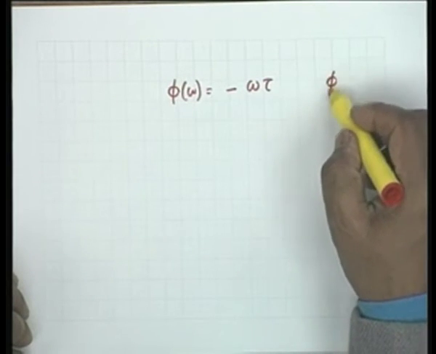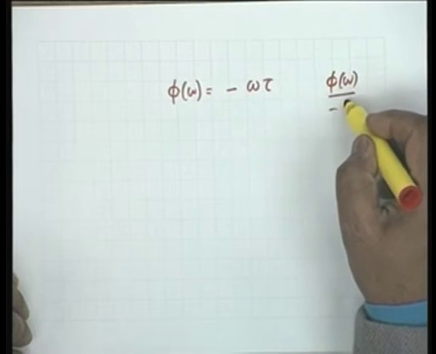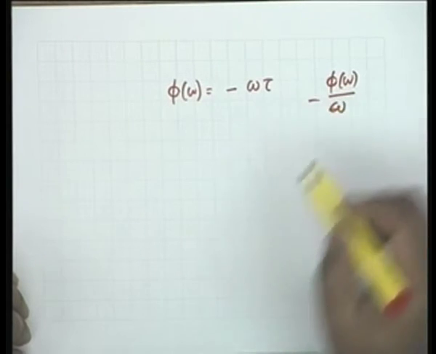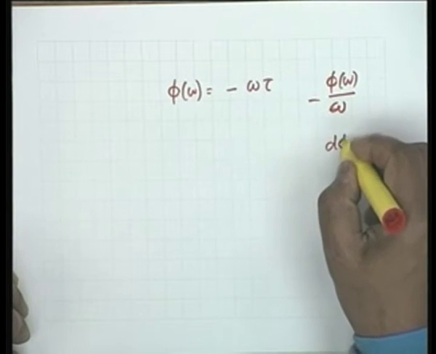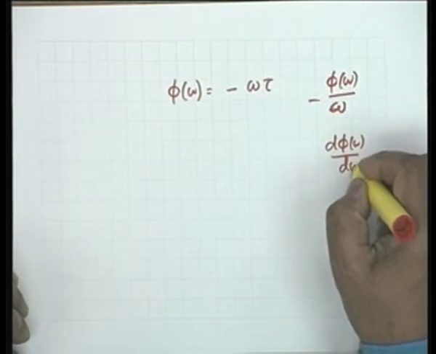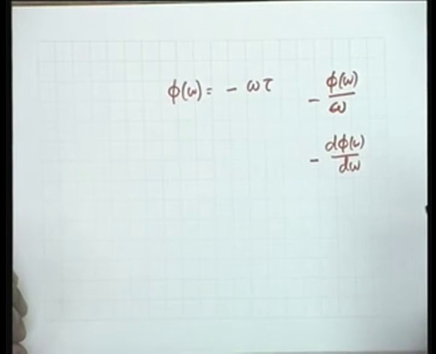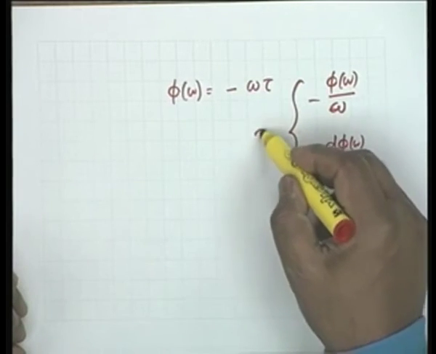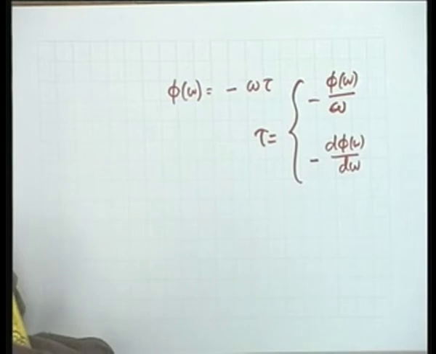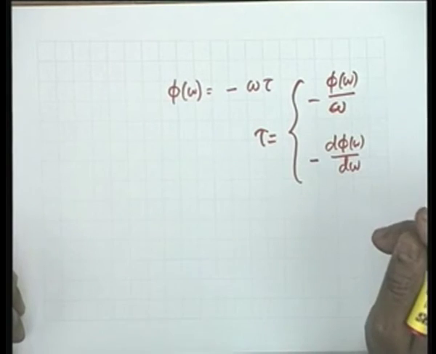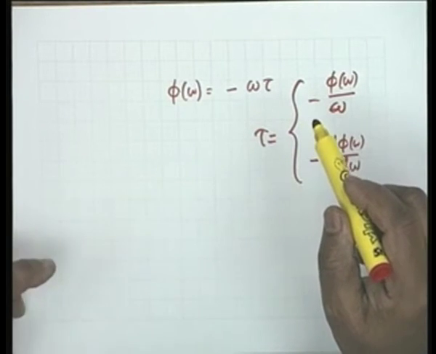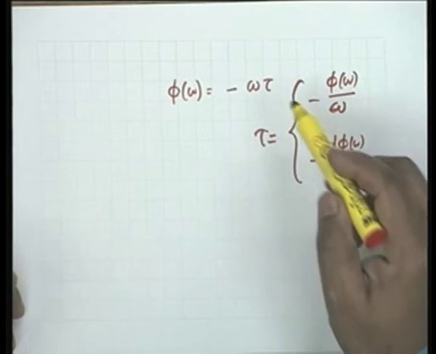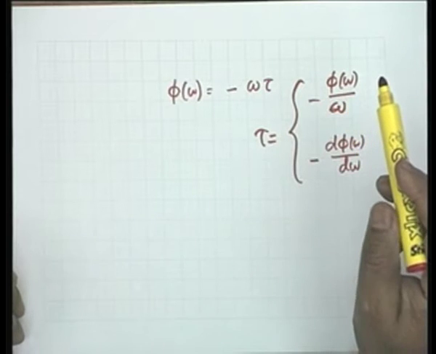I can divide phi of omega by omega and take a negative sign, or I can differentiate phi of omega with respect to omega and take the negative sign. In either case, tau is equal to the same. However, this is a situation at frequency omega and when tau is a constant.